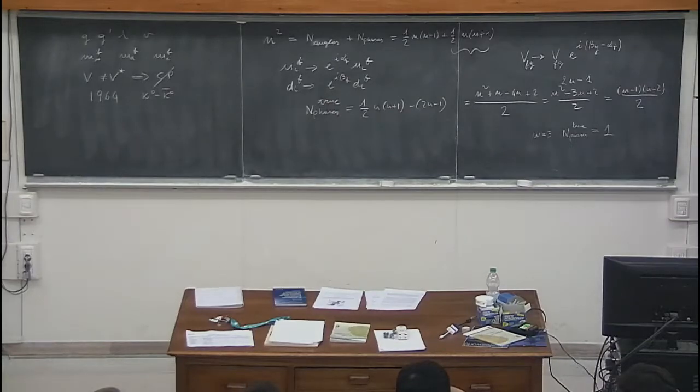Phenomenology requires CP violation, but CP violation can only be there if there are more than 2 generations. So this is a prediction of the standard model which was confirmed by experiment. It is a very important point.